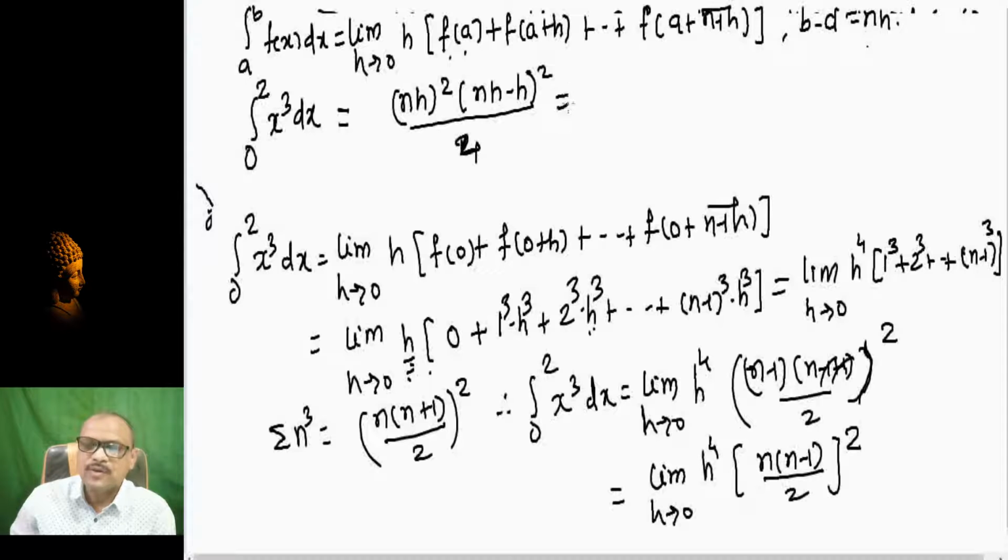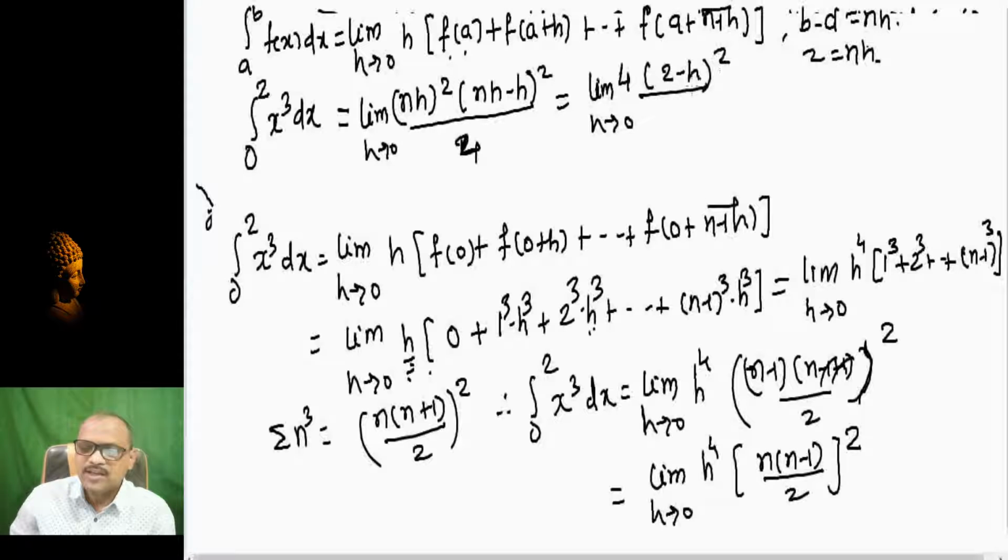Here 2 square is 4. But 2 minus nh equal to what? nh equal to 2. So this will be 2 square, that is 4, times 2 minus h, in the limit h tends to 0.